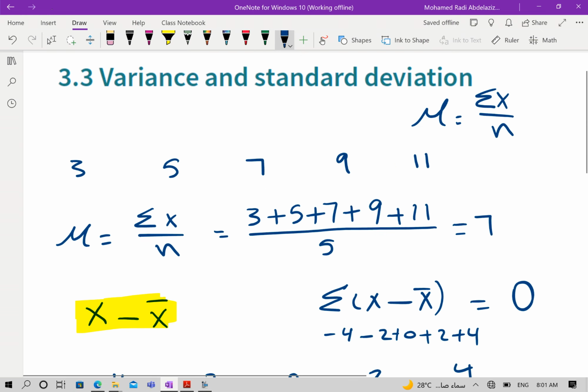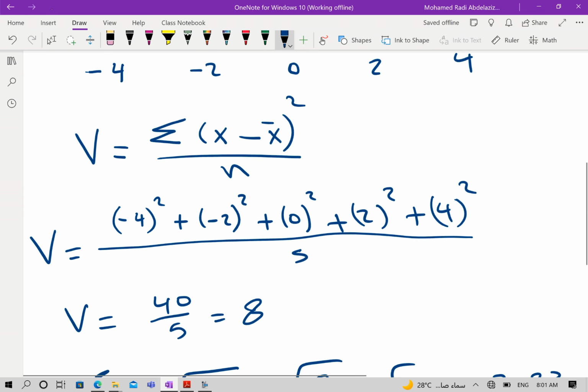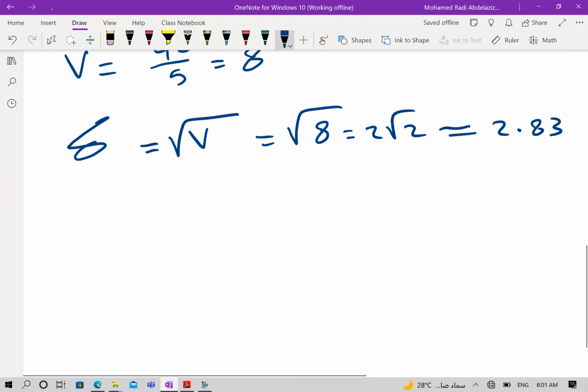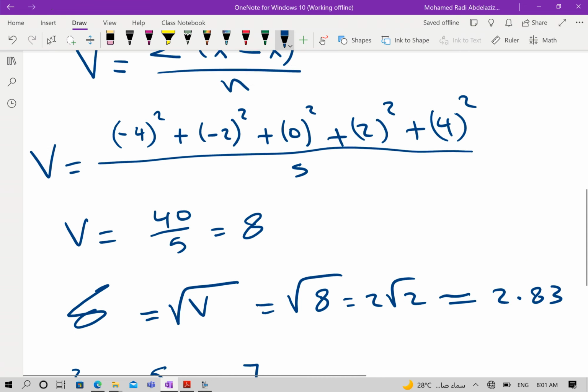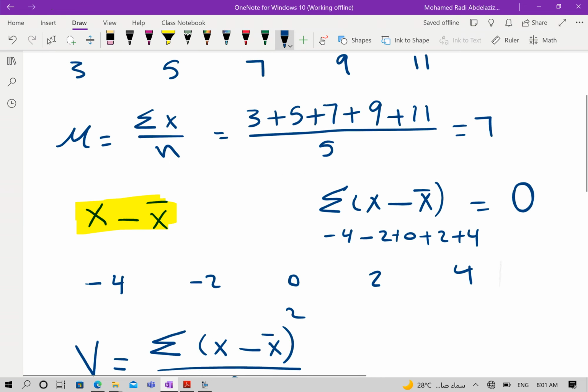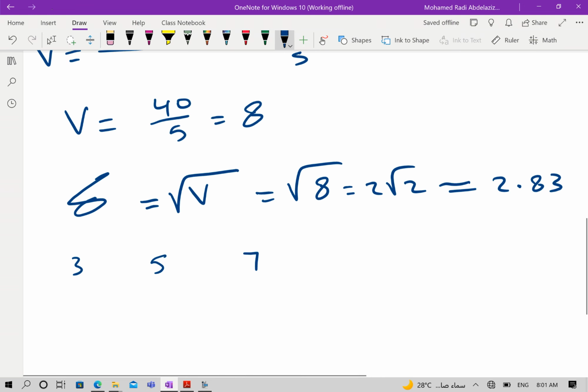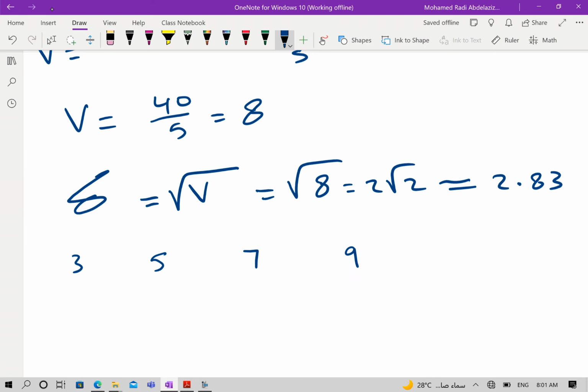Back to the original values again: 3, 5, 7, 9 and 11.